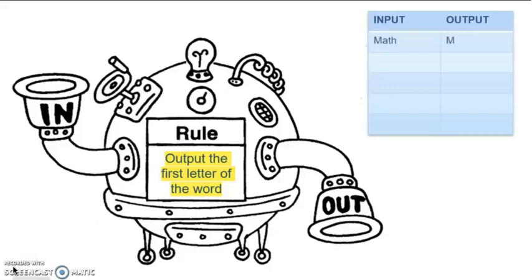So we already talked about math, and we already talked about zebra. What would come out if I put the word school into my machine? Out would come an S. If I put the word Edina in, the first letter would be E. And lastly, if I put the word music in, out would come another M.